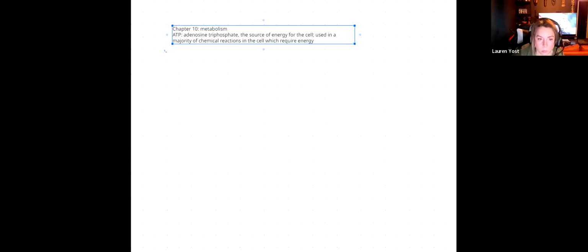Okay. So that's aerobic respiration. I said, let me find this before, like it just occurred to me. I want to find this chart.